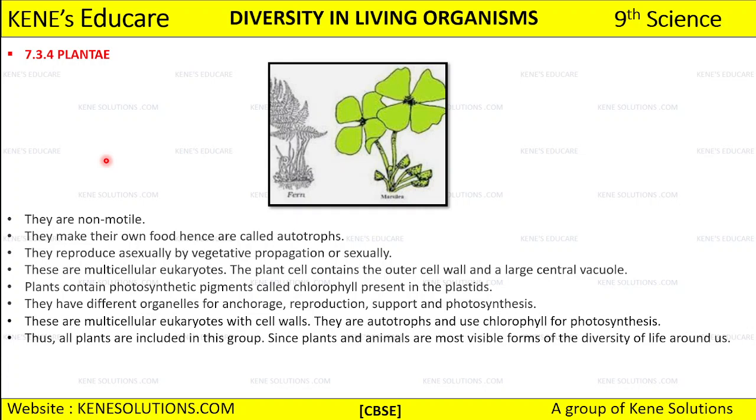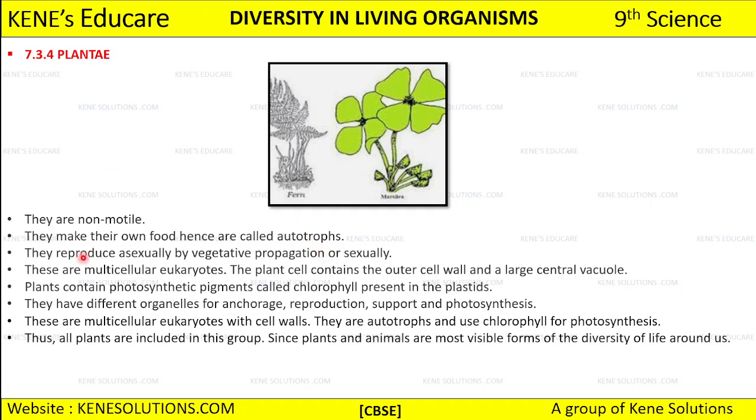Plants do not move from one place to another. So they are non-motile, but animals are motile, right? So the first thing that you are already aware of is that plants are non-motile. They make their own food through the process of photosynthesis, and hence we call them autotrophs.